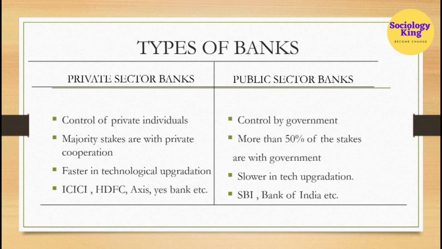A private sector bank is a bank where the majority of the stakes are in the hands of private corporations and controlled by private individuals. It is faster in technological upgradation, and a few banks are ICICI Bank, HDFC, Axis and Yes Bank. Public sector banks would be SBI, Bank of India, etc.